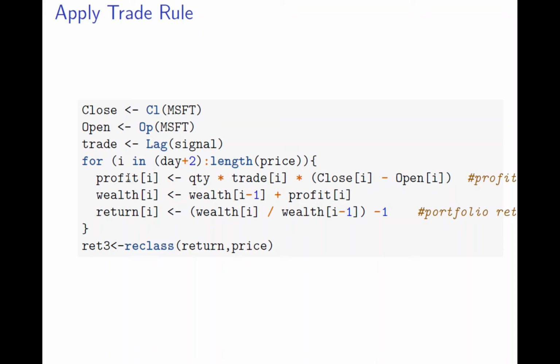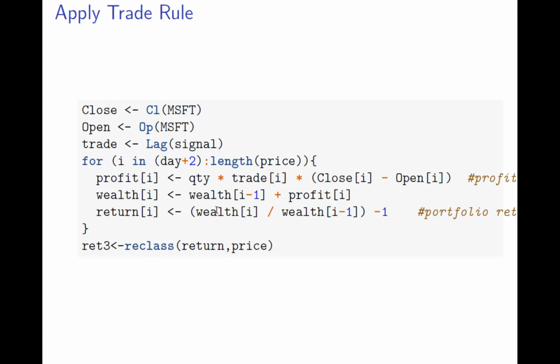So the profit of each day you make is size of the trade quantity, and based on the trade signal whether buy or sell, and it's the closing price minus open price because it's a profit margin. Okay, so there's a profit, and the wealth of today will be based on wealth of yesterday plus the profit of today, and the return, right?